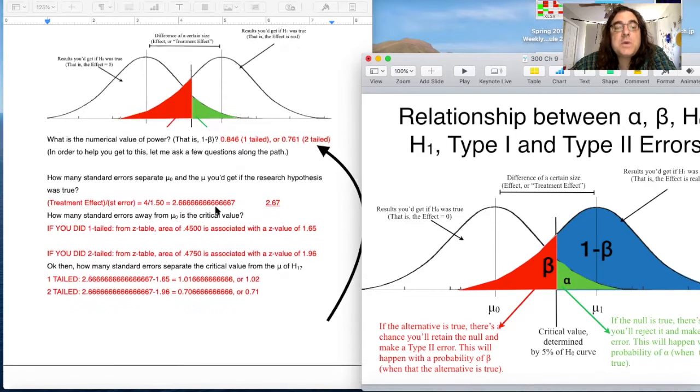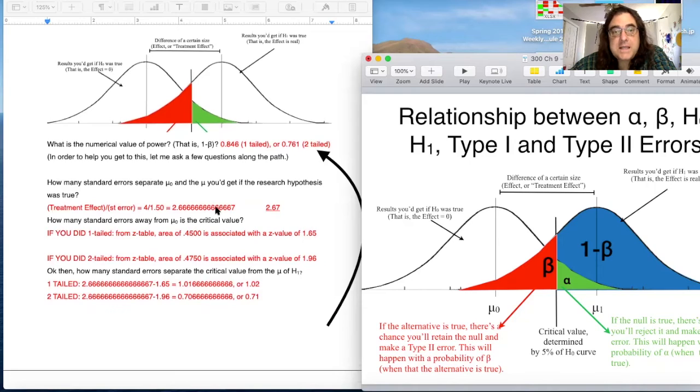If you were doing this one tail, you could go to the z-table and figure out how many of those standard errors the critical value is from the middle of the null distribution by figuring out that if alpha here is 0.05 and all of this is half the curve, that means 0.45 of the curve is here in the middle associated with some number of standard deviations.